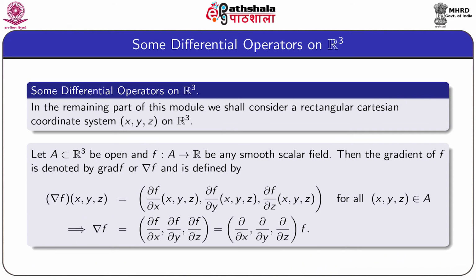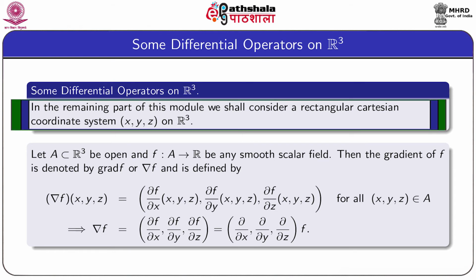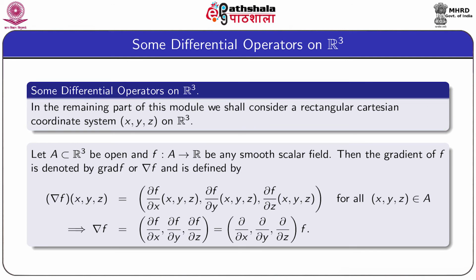Now we are going to introduce some differential operators on R3. In the remaining part of this module, we shall consider a rectangular Cartesian coordinate system x, y, z on R3. Let A be an open subset of R3 and f from A to R be a smooth scalar field.